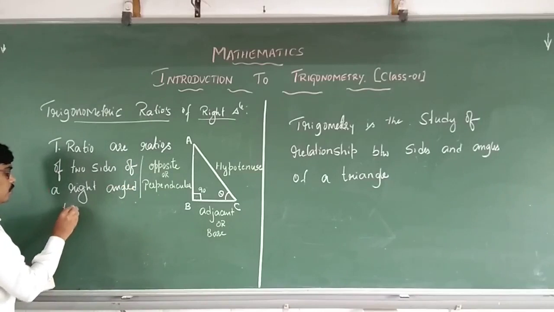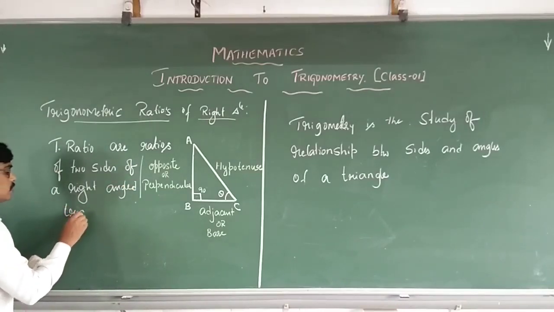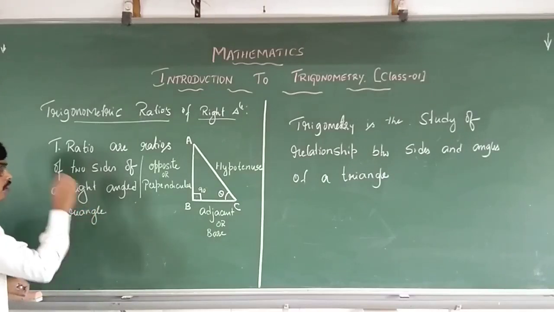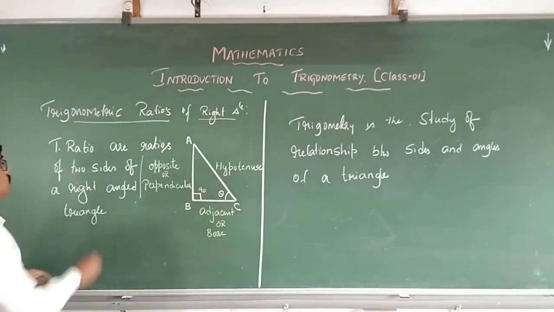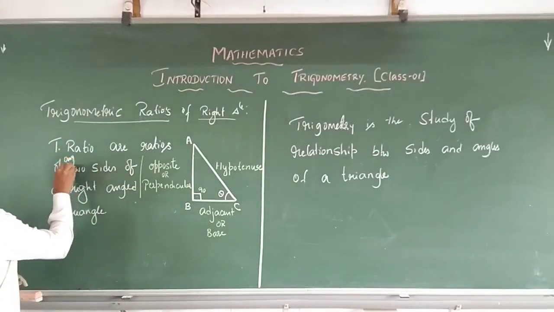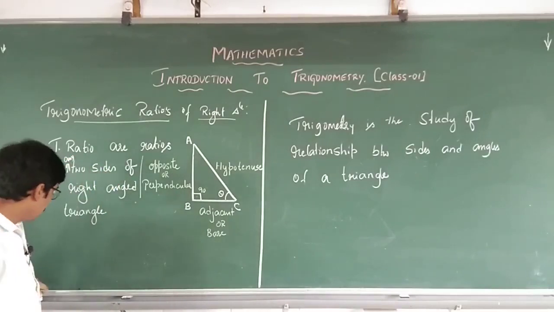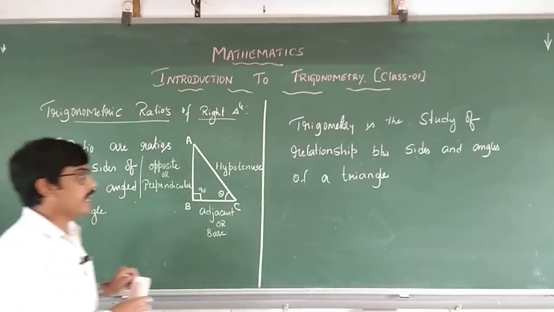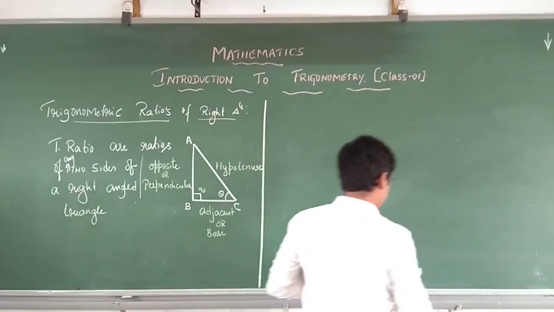So T ratios or trigonometric ratios are the ratios of any two sides of a right angle triangle. We can write there are six possible ratios, a maximum of six ratios.